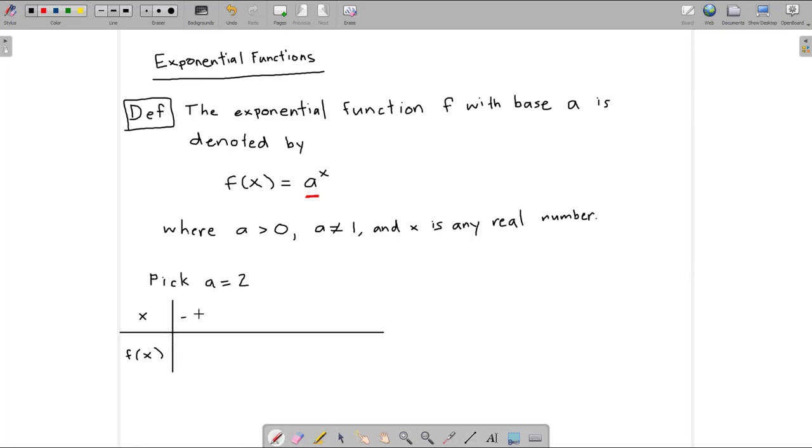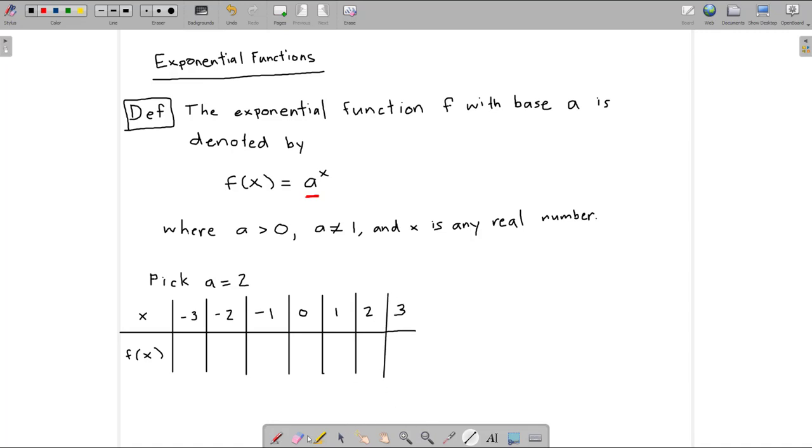Let's take some negative values like -3, -2, -1, 0, 1, 2, 3. This is a technique that we did quite a while ago. We used to make tables of values, and that's a nice thing to use to understand what your function is doing.